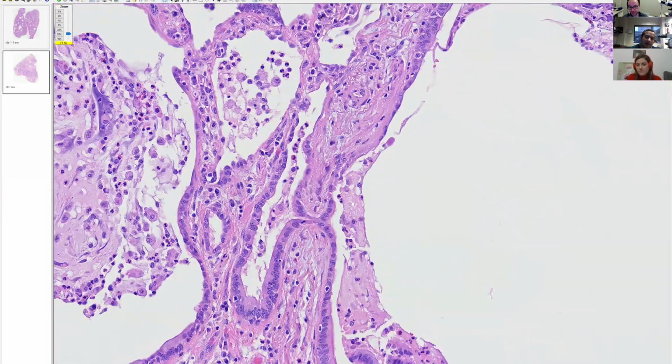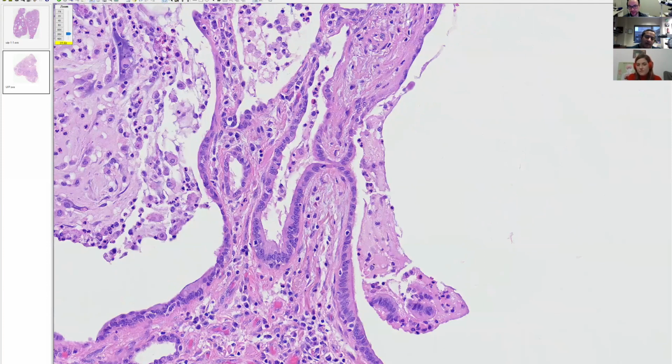If you look at this area, you see a spectrum of cells lining this, ranging from more cuboidal cells all the way up to ciliated cells. To me, that suggests a gradation in the spectrum of changes. It underlies the fact that it's a reactive process to this architectural distortion.